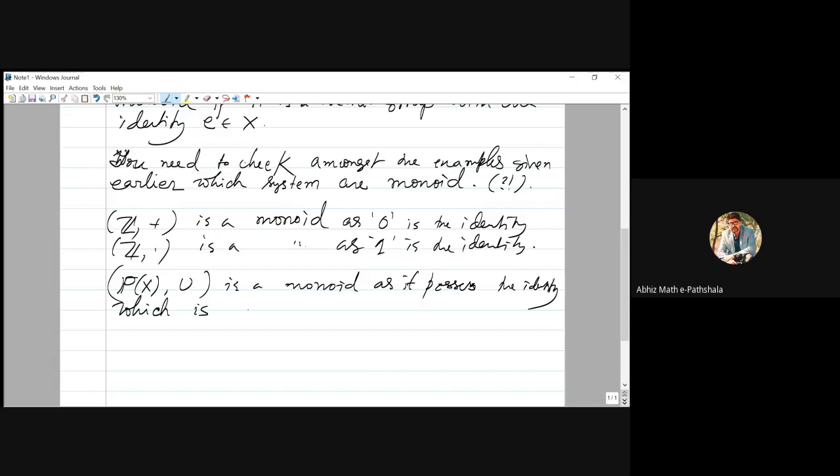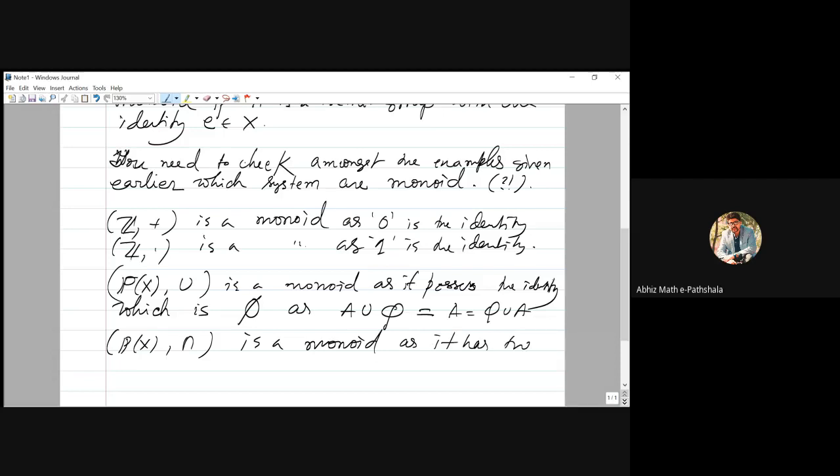If you execute this operation on any set, A union phi is going to be A, and it is phi union A. Now for the intersection case, this is also a monoid as it has the identity.